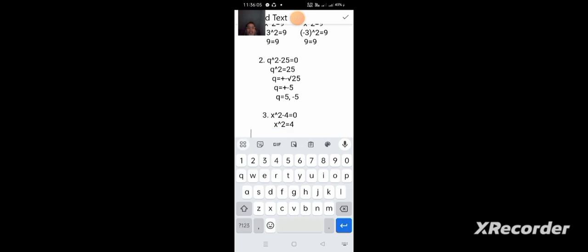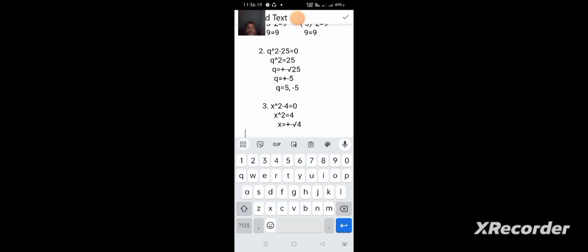So extracting the square root to both sides of the equation, you will have x is equal to plus minus the square root of 4. So getting the square root of 4, the equation becomes x is equal to plus minus square root of 4 is 2. So therefore now x has the value of 2 and negative 2. Okay, number 4.